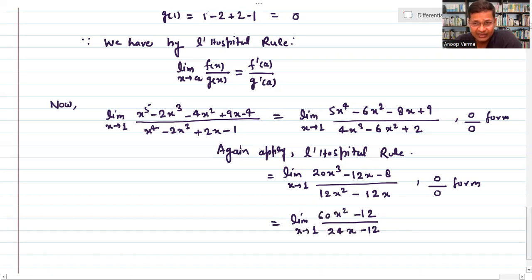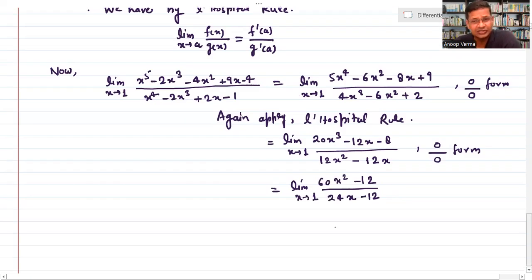So again we applied the L'Hospital rule. If you just put x equals to 1, this is 60 minus 12, this is 24 minus 12. So now we will get a non-zero number. So this will be 60 into 1 square minus 12, divided by 24 into 1 minus 12.